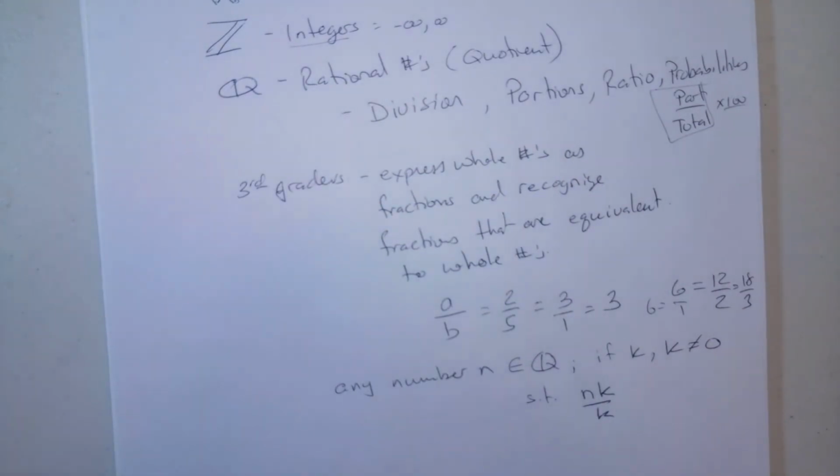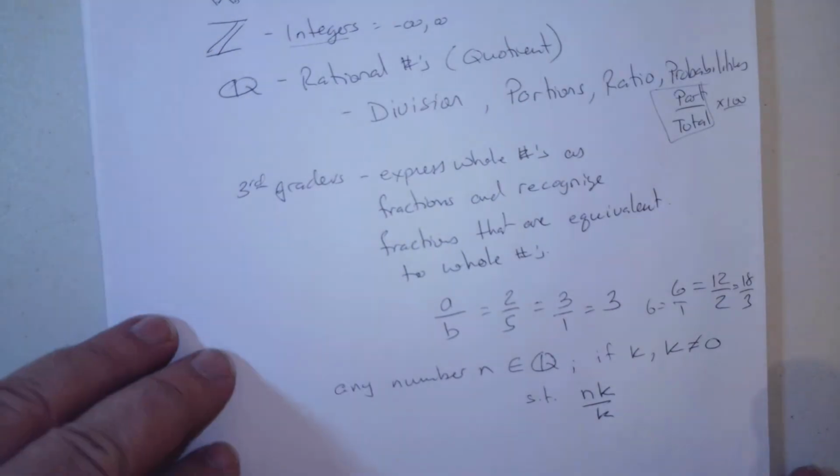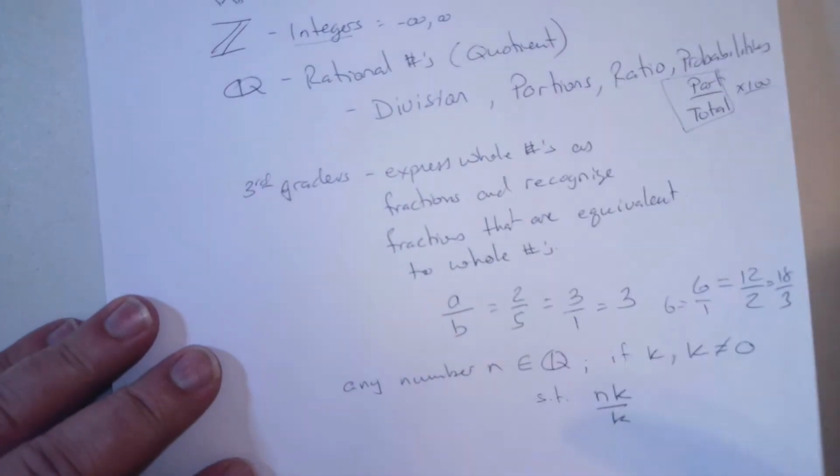Right, so that's how you represent rational numbers. And the reason a lot of people don't like them is they were never really taught what they mean.